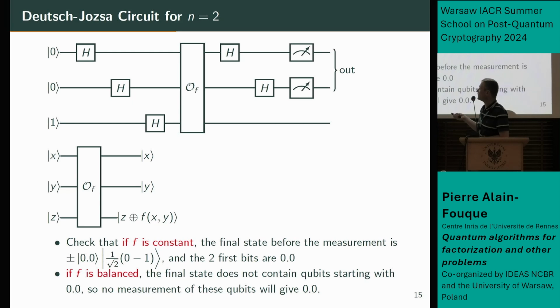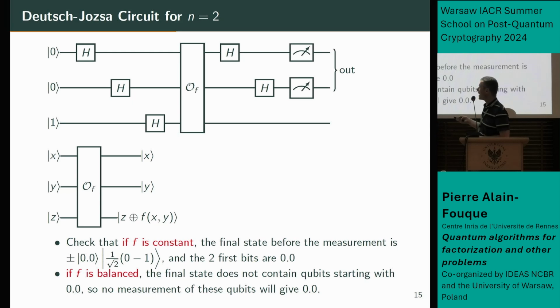And in fact, if you do exactly the same computation that I did before, you can see that if f is a constant function, the final state begins with this state. And if you get 0, 0 for these two, you are sure that the function is constant.